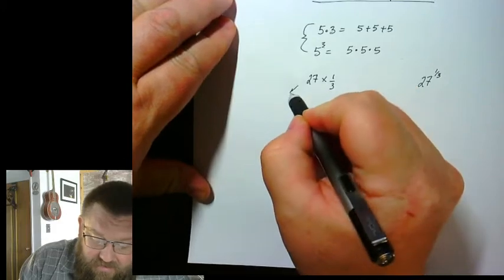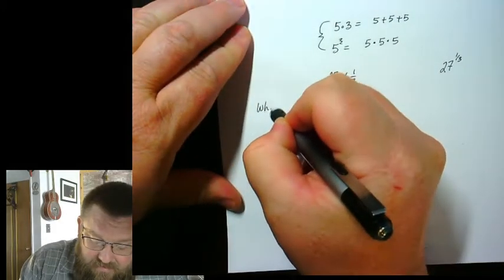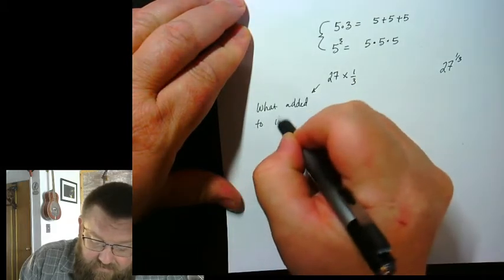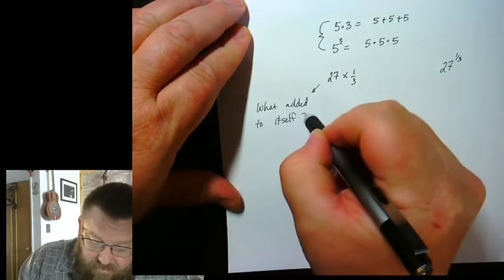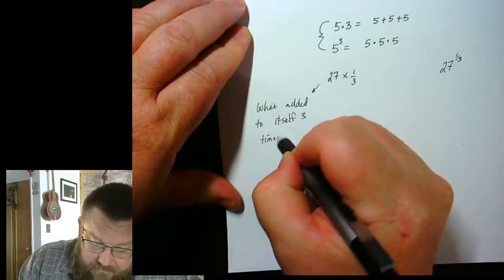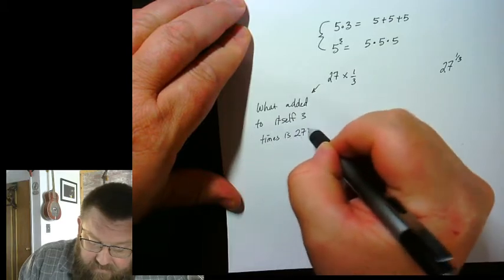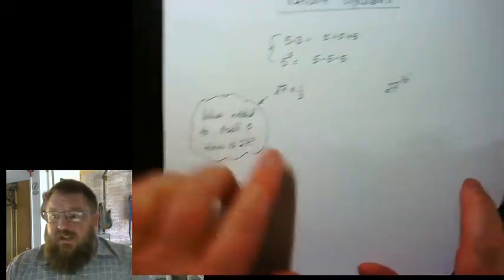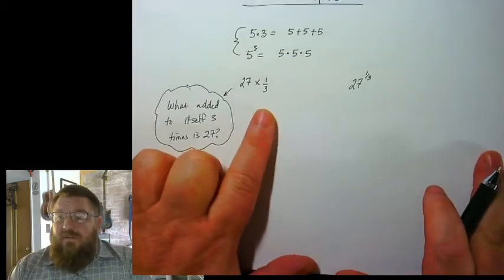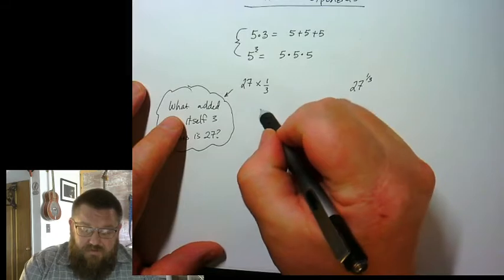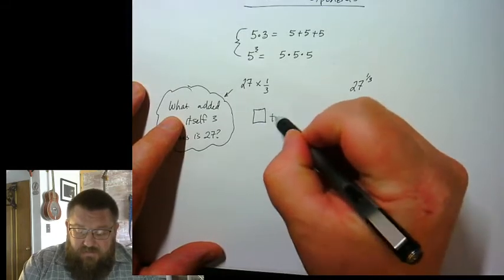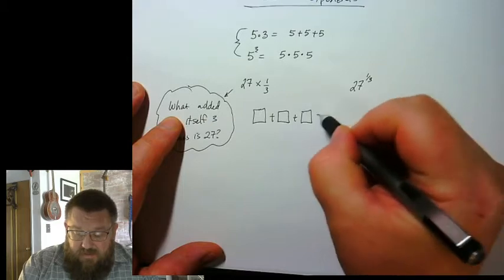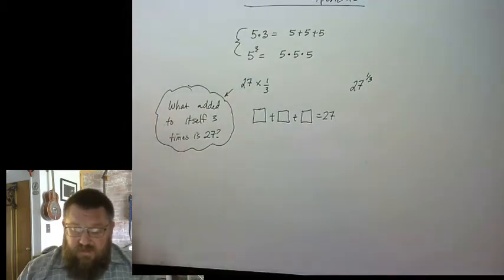This right here means what added to itself 3 times is 27. That's what that says right there. So what number added to itself 3 times equals 27? Do you see? That's what it means.